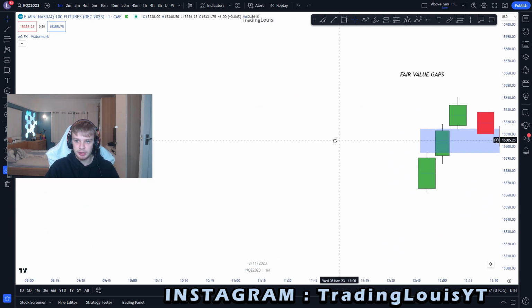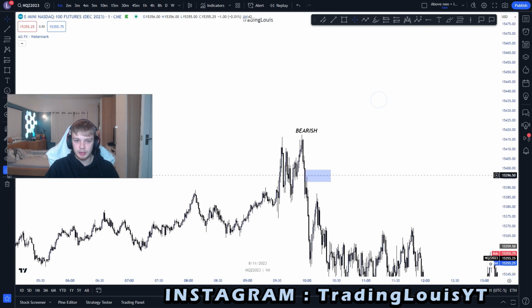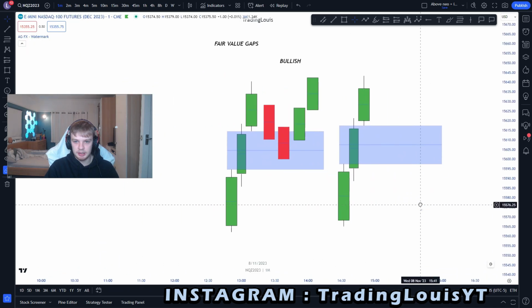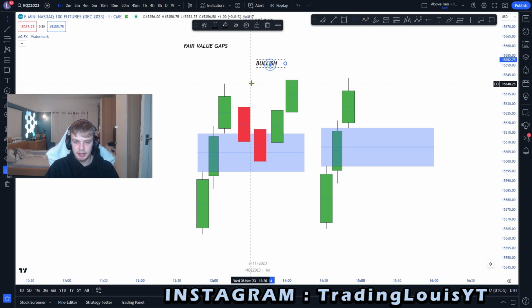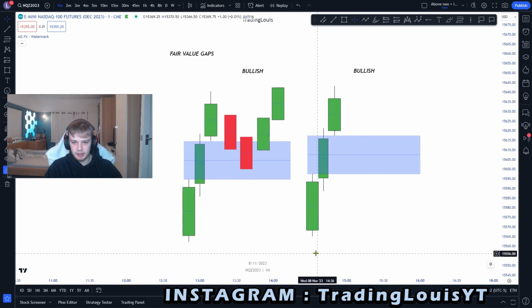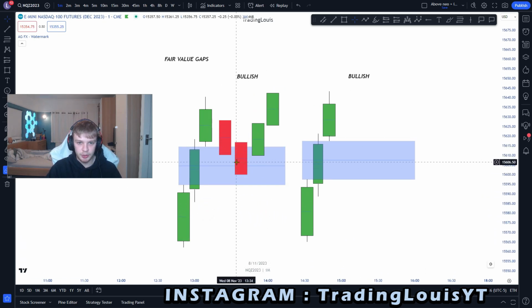I just mentioned an inverse fair value gap. All an inverse fair value gap is, is a fair value gap that gets violated. As you can see here, let's say price is bullish on both these legs. So if price is bullish and we create a fair value gap, I want to see price carry on going to the upside.